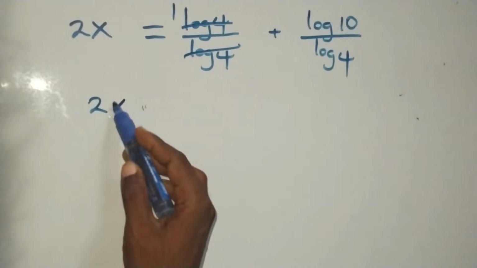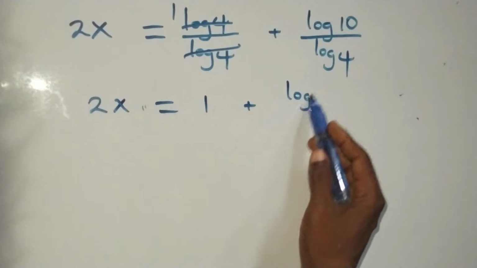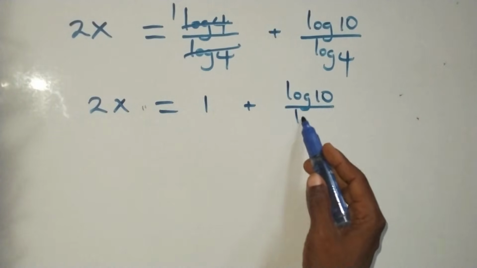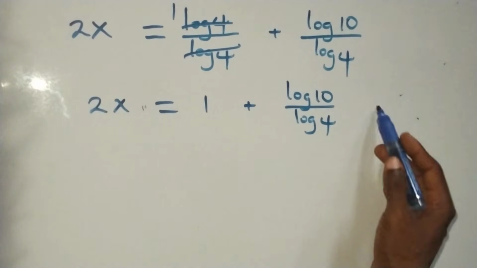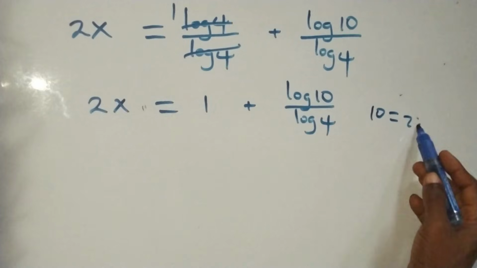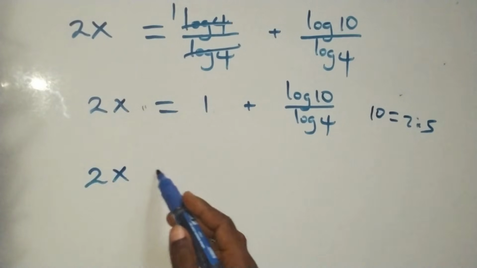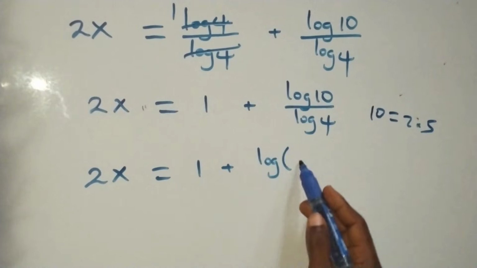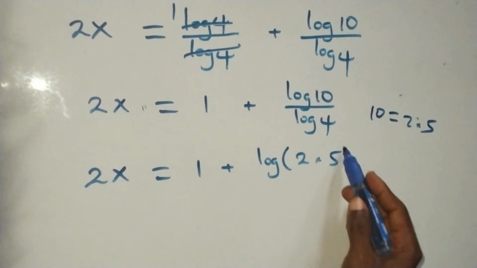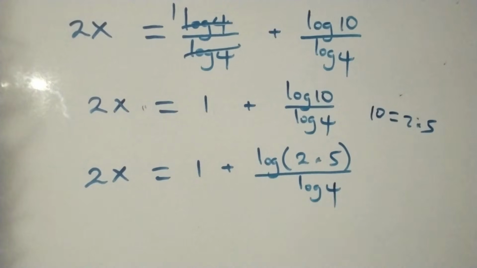This becomes 2x equals 1 plus log 10 over log 4. Also from here, we can write 10 as 2 times 5, which implies 2x equals 1 plus log 2 times 5 over log 4.